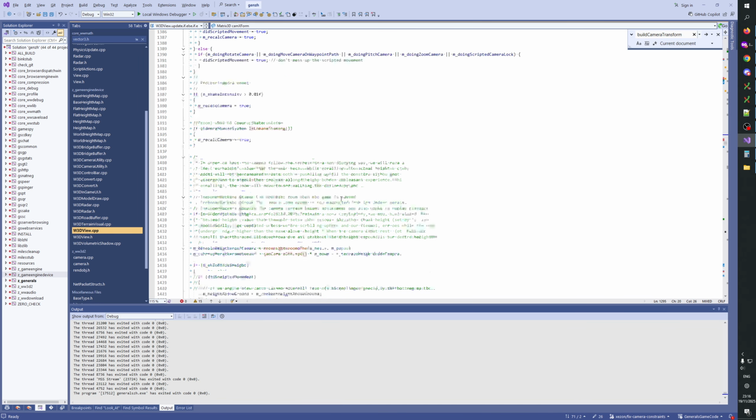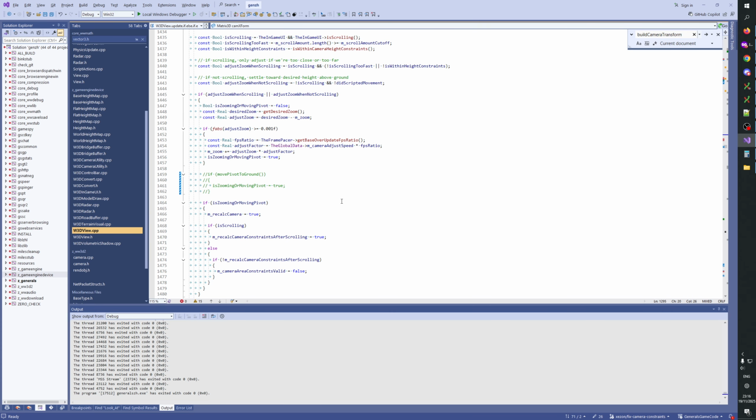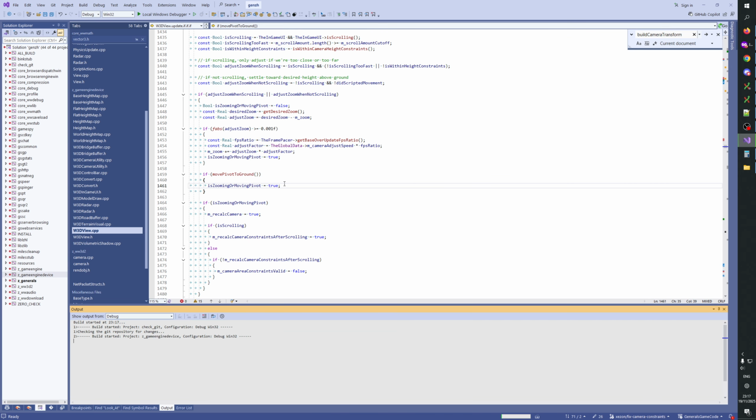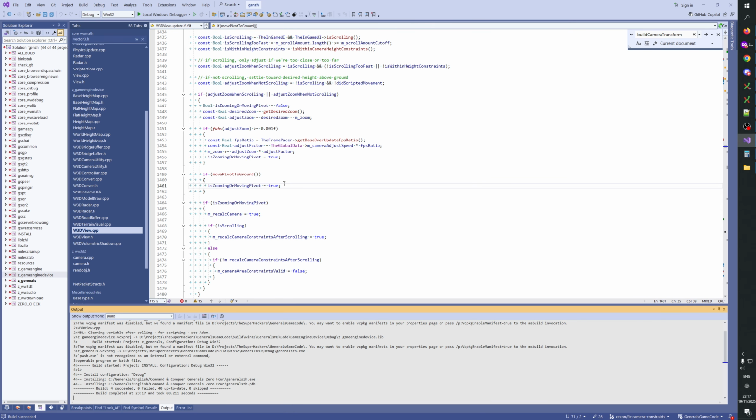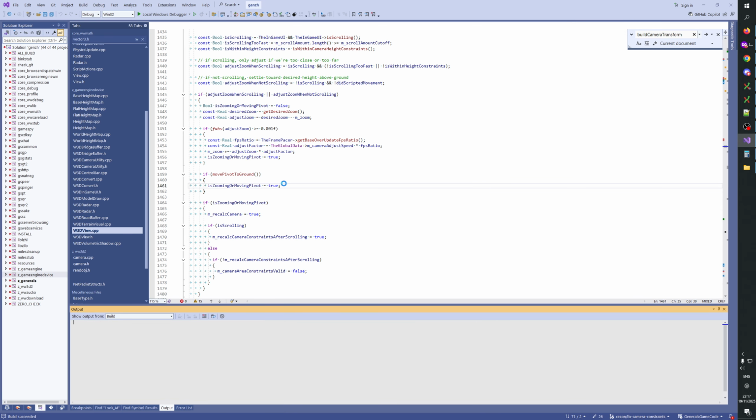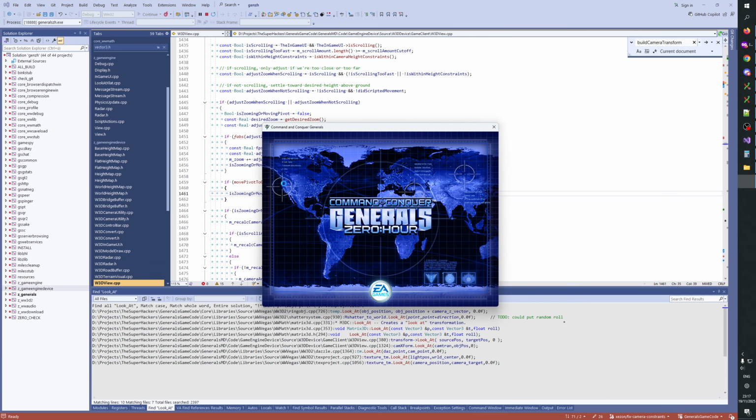Where is it? Here, this one. So there was still a problem with this as well. Somehow the ground level went towards infinite, which obviously is not healthy. So I wonder what's up with that.